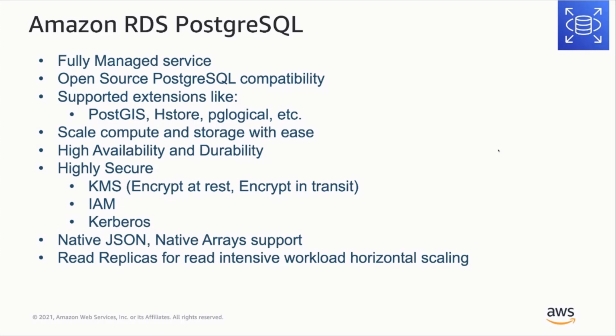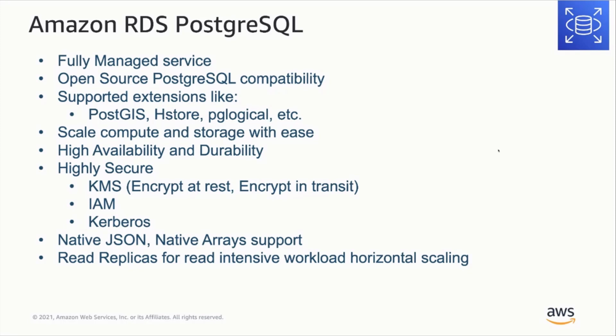When it comes to performance and running high performant applications, Amazon RDS for PostgreSQL is a very good fit because it supports up to 80,000 IOPS per second, and it can scale up to 64 terabytes in storage. For read scalability, it supports up to 5 read replicas in multi-AZs.